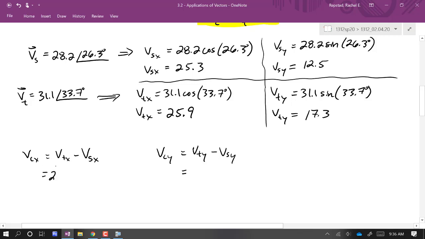So 25.9 minus 25.3, which is 0.6 for the x component. And then this is 17.3 minus 12.5, which is 4.8 for the y component.